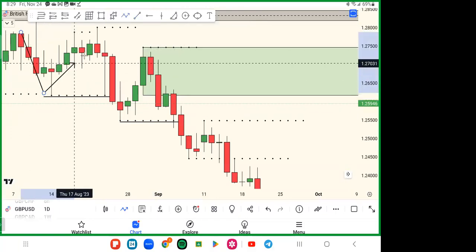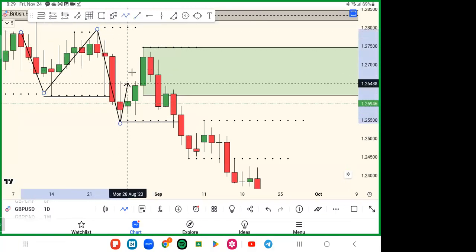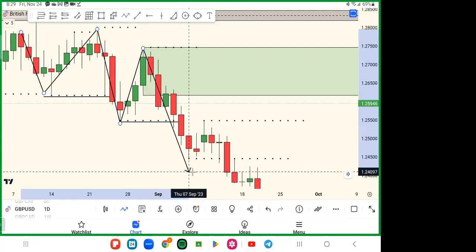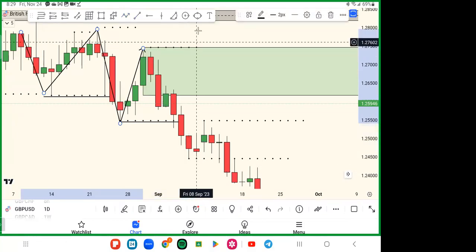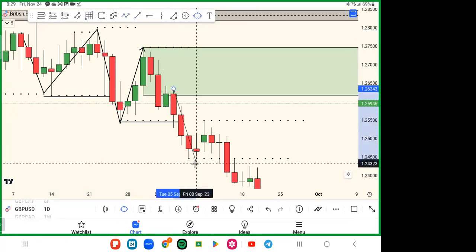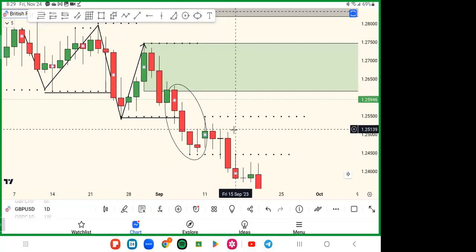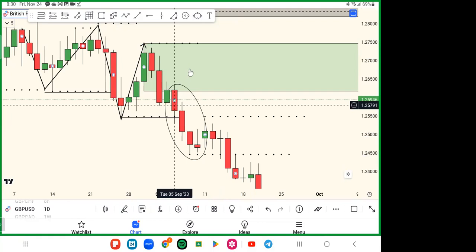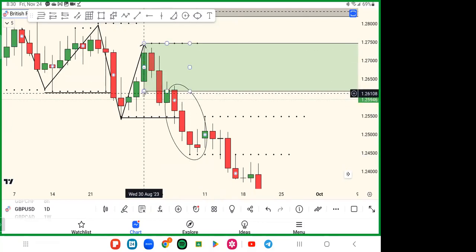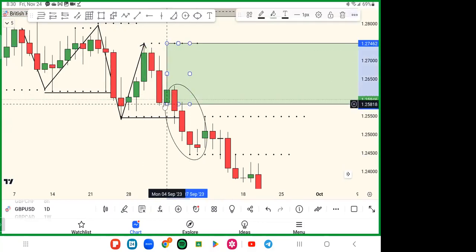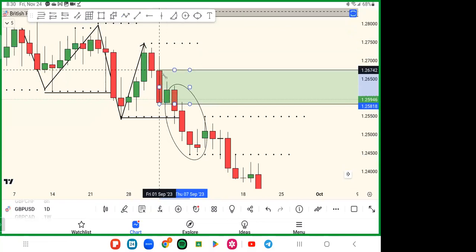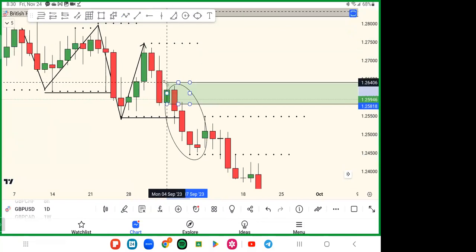Lower low, lower high, lower low, lower high, lower low. But if this is my rally breakout, where's my starting point? The last buying candle before the breakout. Boom. Right there.